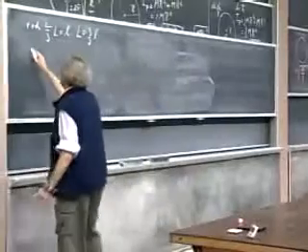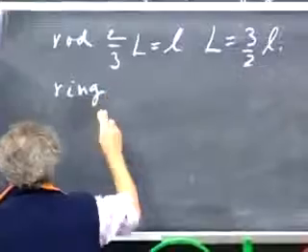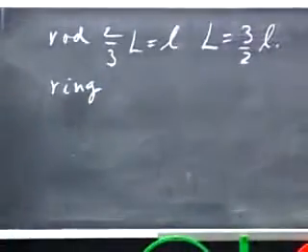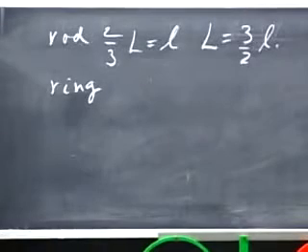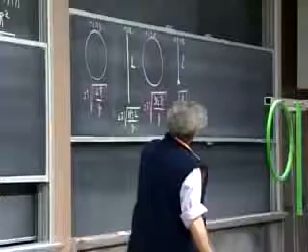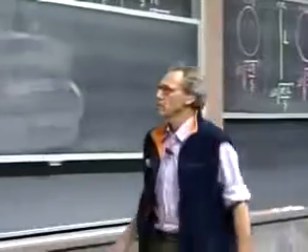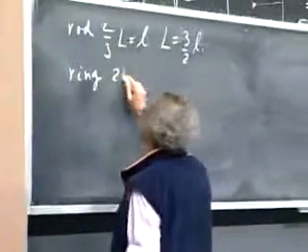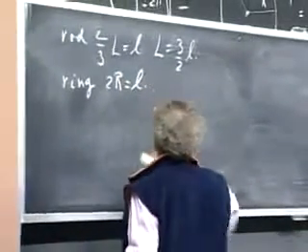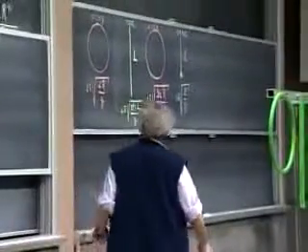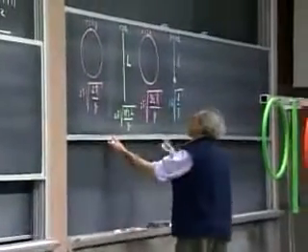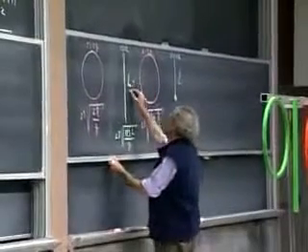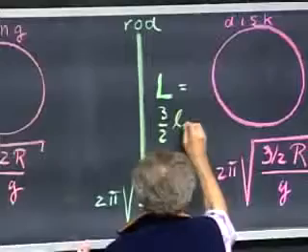So let's now go to the ring. For the ring, to have the same period, 1 second, 2r has to be the same as the length of the pendulum. So 2r equals l. So we can put in here, for L, this has to be 1.5 times l.